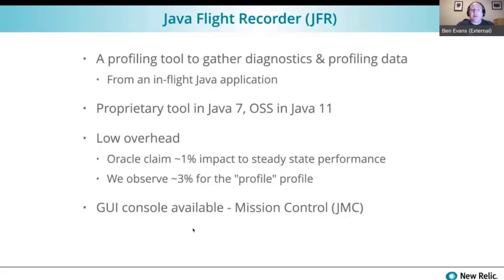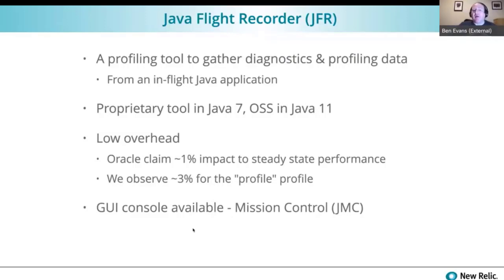The big surprise, the big win though, with JFR is the overhead. Oracle claim that you can do 1% of steady state performance. In practice at New Relic, we've observed that it's a bit more. There's a bit more to it than this. JFR has what are called profiles, and a profile basically is a collection of events that you can either choose to collect or not.